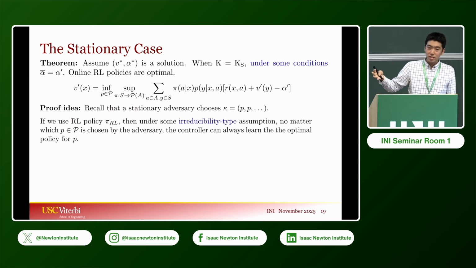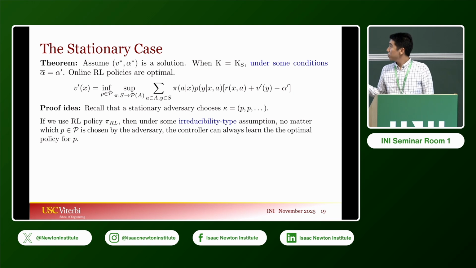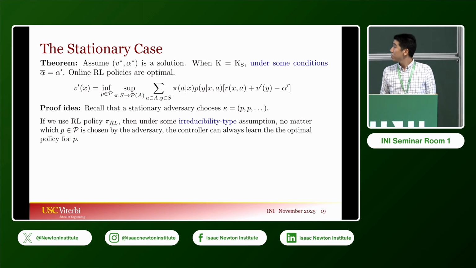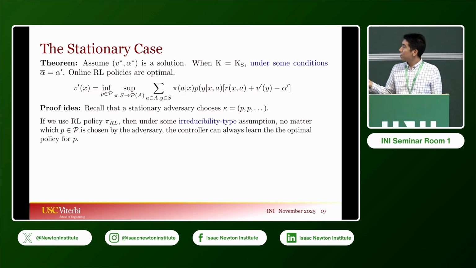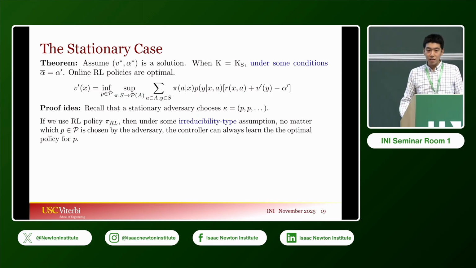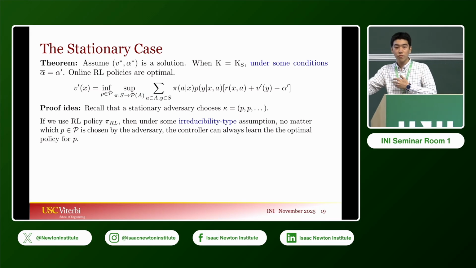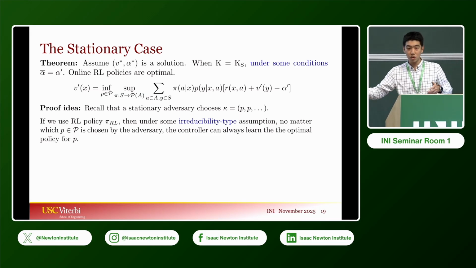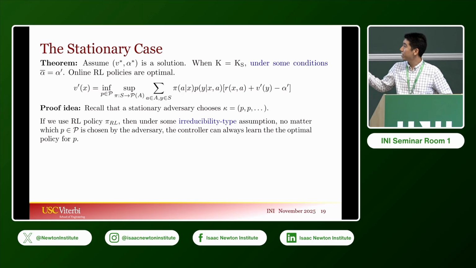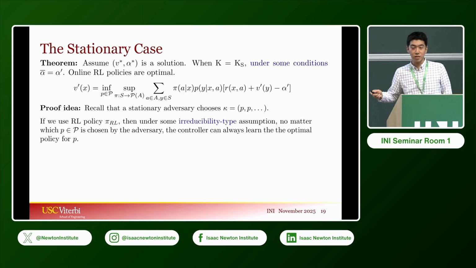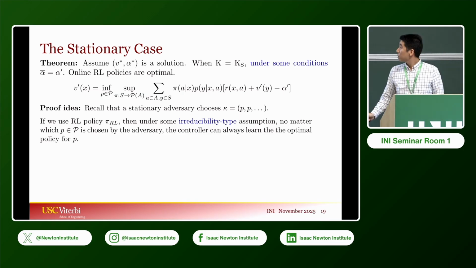The basic idea works as follows. Recall that the adversary chooses a kernel and fixes it over the entire time horizon. Now suppose the controller uses a reinforcement learning policy. Then under some irreducibility type assumption, by the nature of using a reinforcement learning policy, you're going to learn the optimal response against this matrix or this kernel P, right?